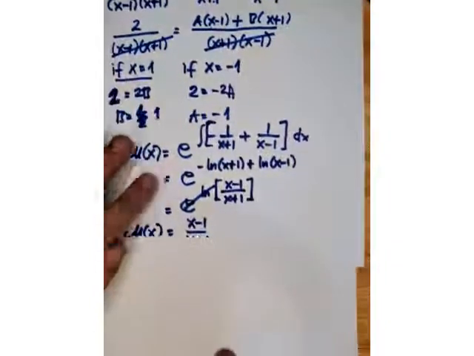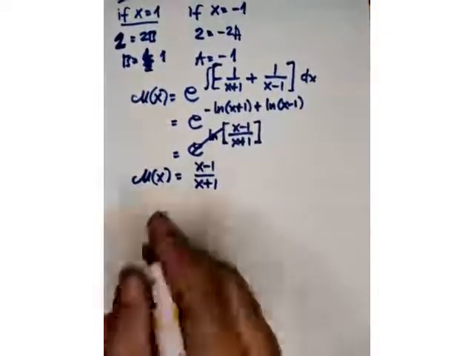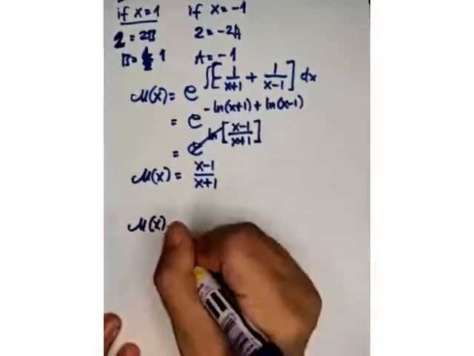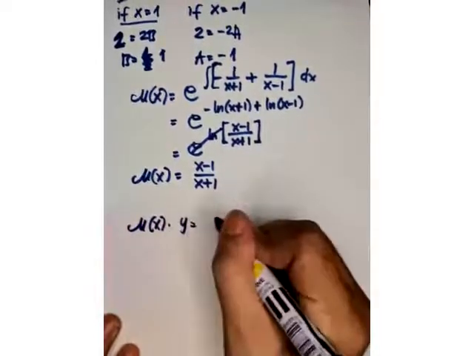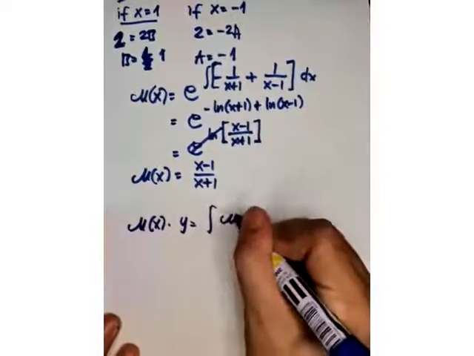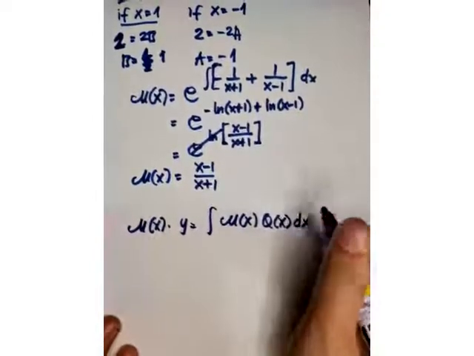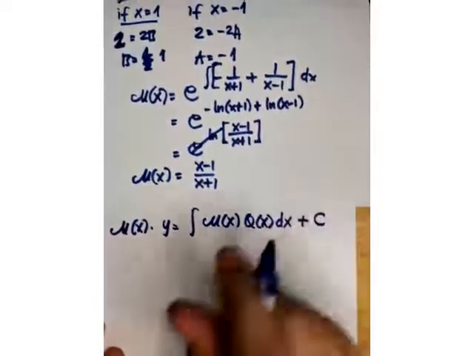Ayan. Okay. Next is we apply again our formula. So our formula natin is the integrating factor times y is equal to the integral of the integrating factor times q of x dx plus c.